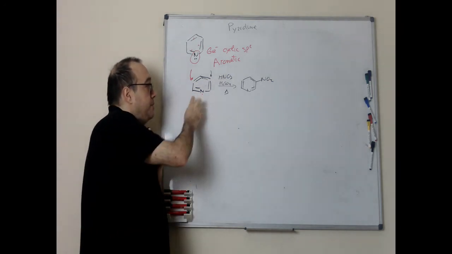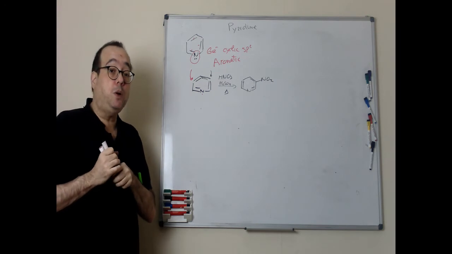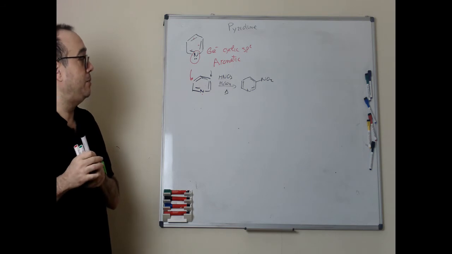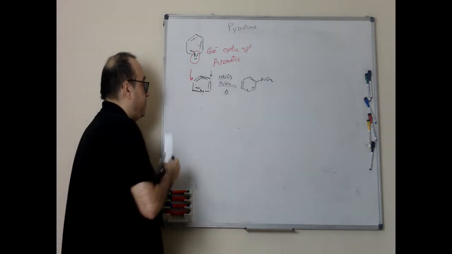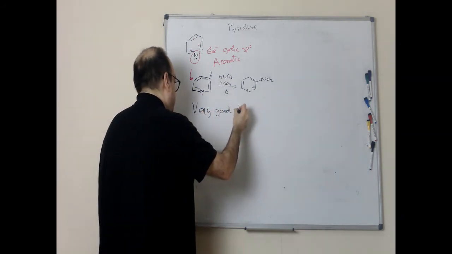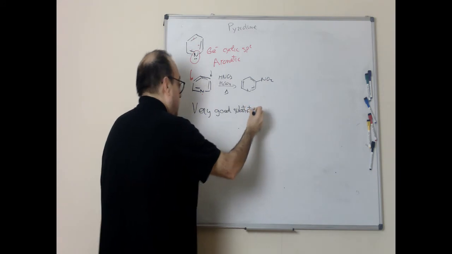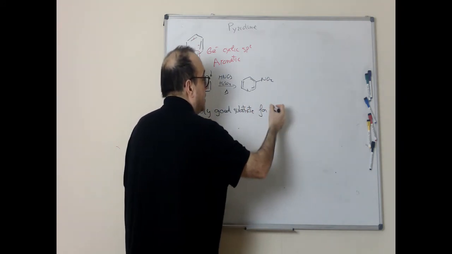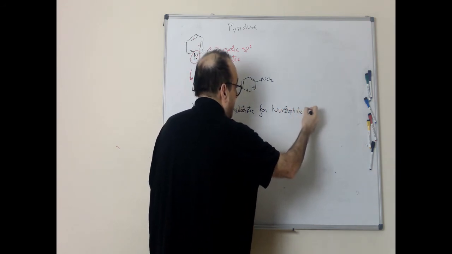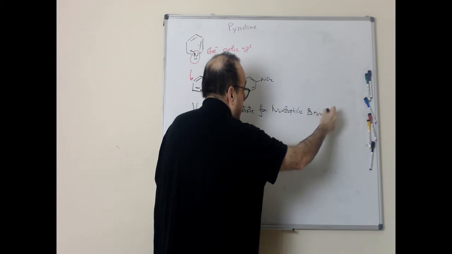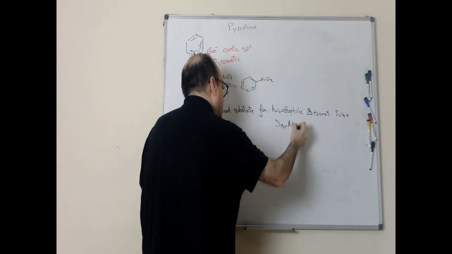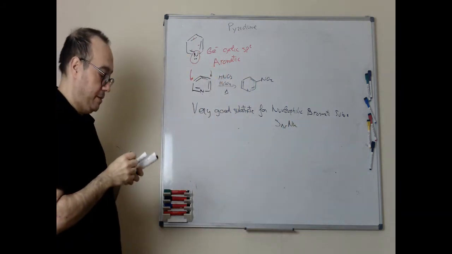However, if the pyridine is electron poor, that means it's not working well with the electrophilic aromatic substitution, it will be a very good substrate for nucleophilic aromatic substitution. Okay, it will be a very good substrate.